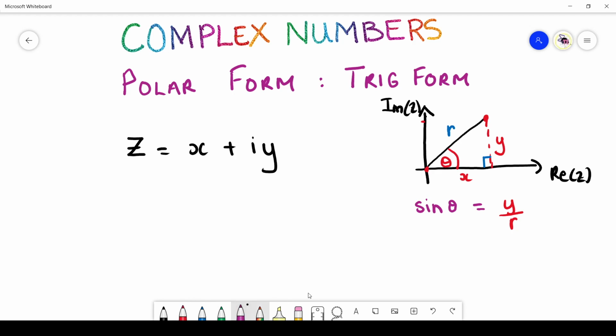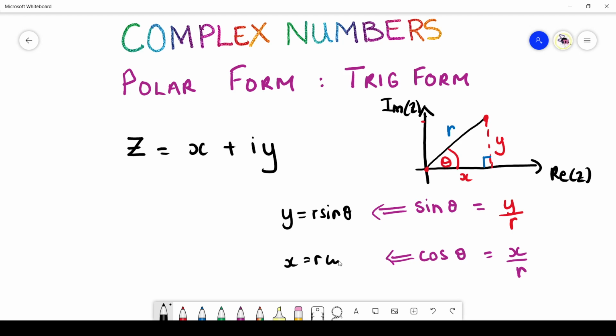Similarly, cos theta, which is adjacent over hypotenuse, gives x over r. Making y and x the subject of the formula, via rearrangement, y has a value of r sine theta, and x simply has a value of r cos theta.